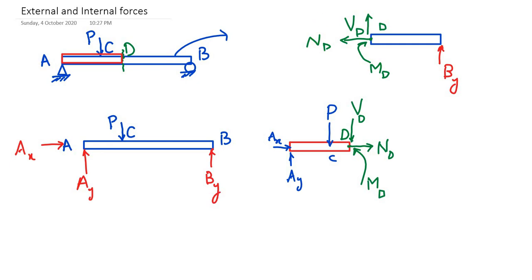So again, these are the forces. All these forces shown over here are the external forces on this segment, but if you talk about the whole beam, these three forces are internal forces present at point D, because we have considered an imaginary cut at D and exposed these forces through that imaginary cut.